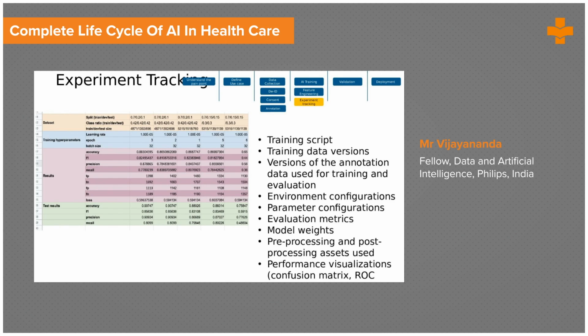And if we have to repeat that experiment, then you need to know all the parameters that were used, the environment configurations, which version of data was used, etc. So you can see here on the right-hand side a host of different artifacts that need to be versioned and tracked for a particular experiment, so that the main focus of this is about reproducibility of the results at any point of time.